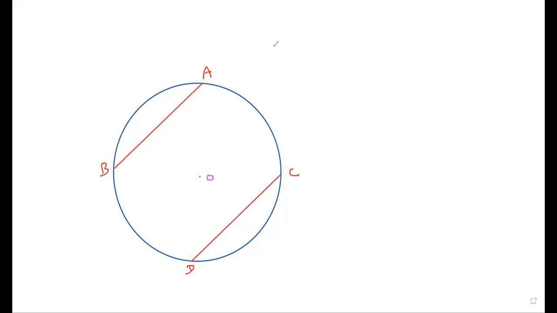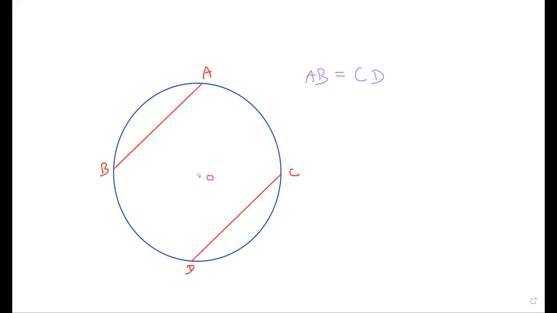Now remember, since these two chords are equal in length, they will remain equidistant from the center. The length of chord AB is equal to CD. Since they are equal in length, they will remain equidistant from the center.